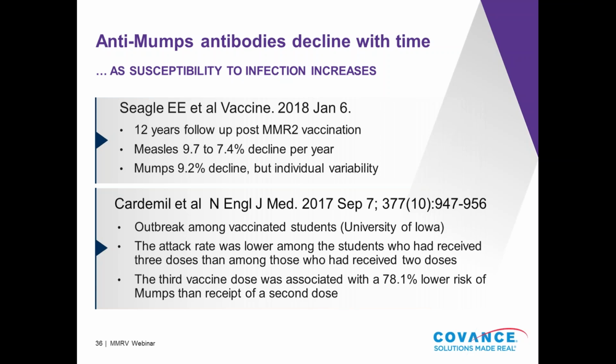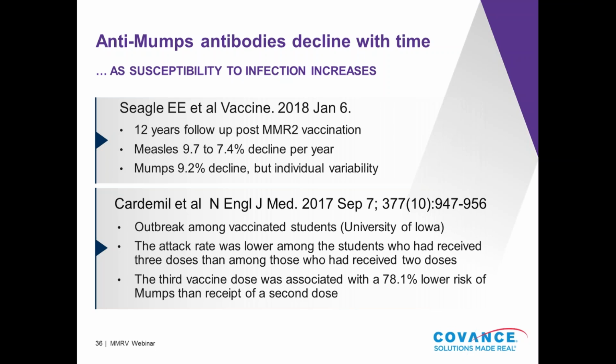In another study, this time among vaccinated students at the University of Iowa, Cardemil and colleagues found that the mumps attack rate was 6.7 per 1,000 among students who received a third dose of the MMR vaccine, versus 14.5 cases per 1,000 in those who didn't. At 20 days after vaccination, receipt of a third dose of the vaccine was associated with a 78% lower risk of mumps than those that received only a second dose.